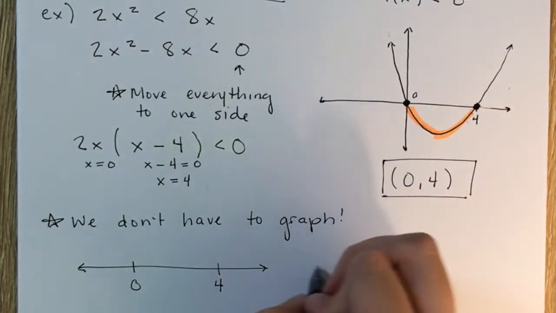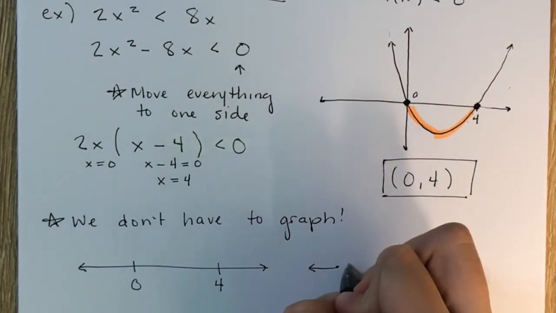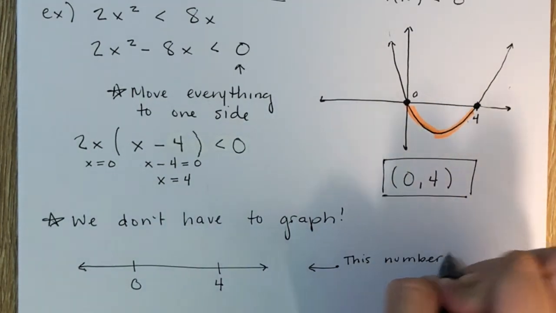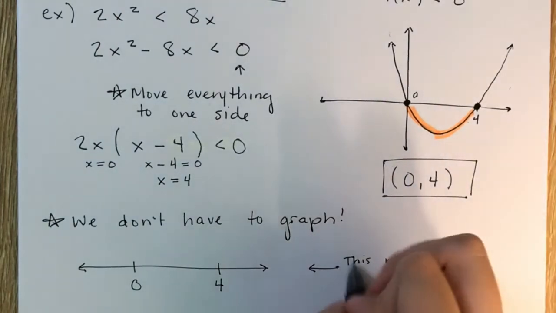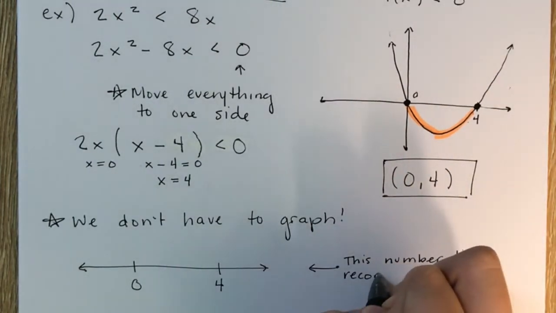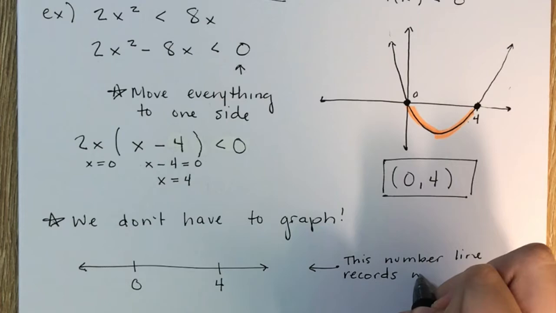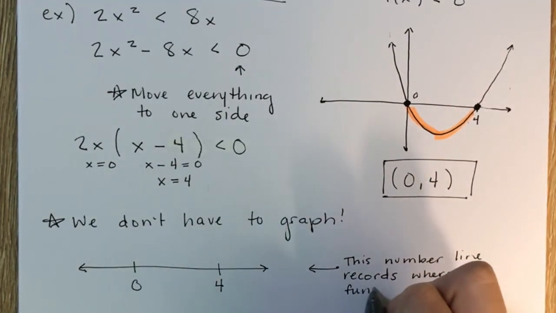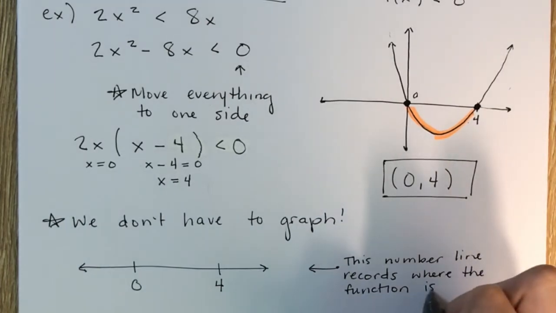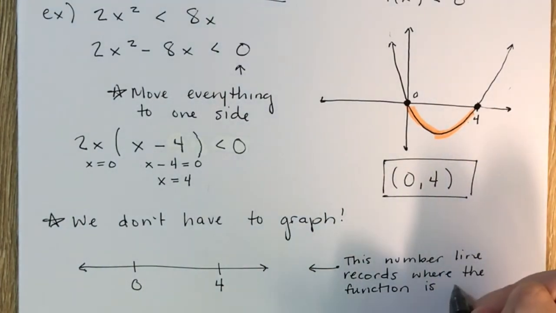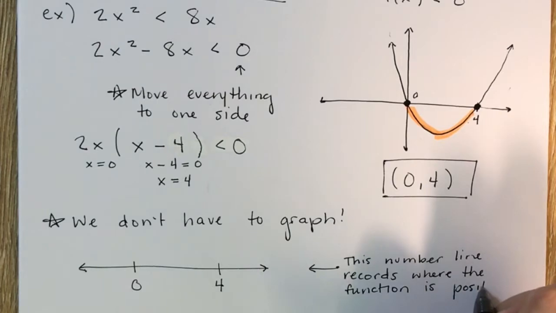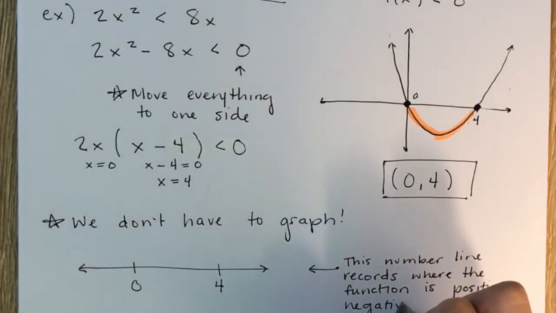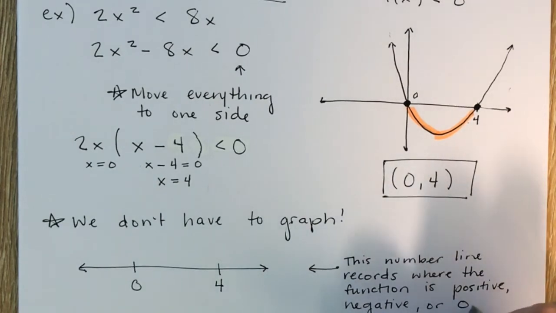Let's let this number line record where the function is positive, negative, or 0.